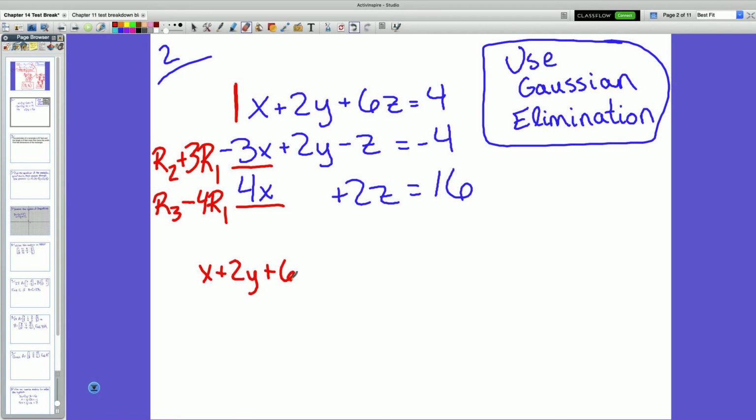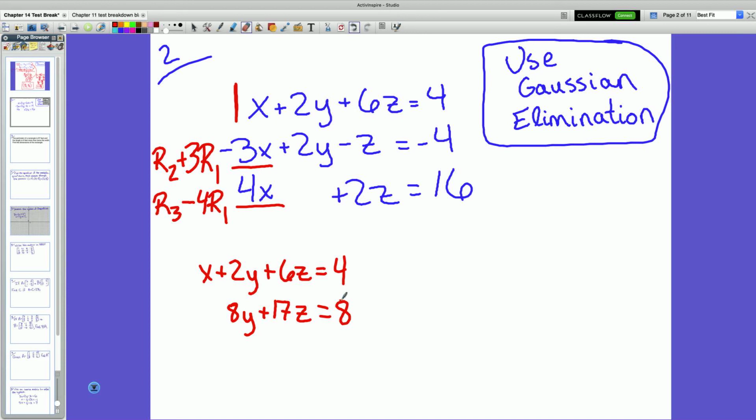All right, so then I'm going to have x, right, the top row is not changing, plus 2y plus 6z equals 4. But second row, I'm going to have -3 plus 3, so that goes away. 2 plus 6, so that'd be 8y. -1 plus 18, so that would be 17z. And then -4 plus 12 would be 8.